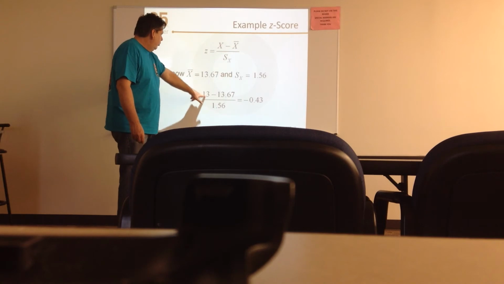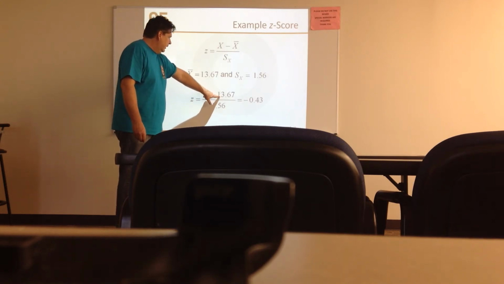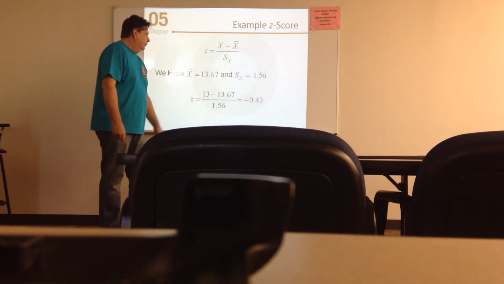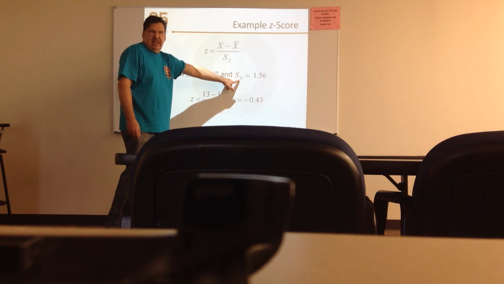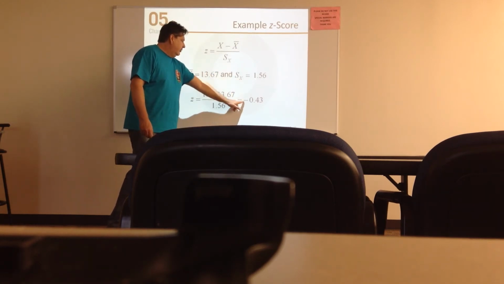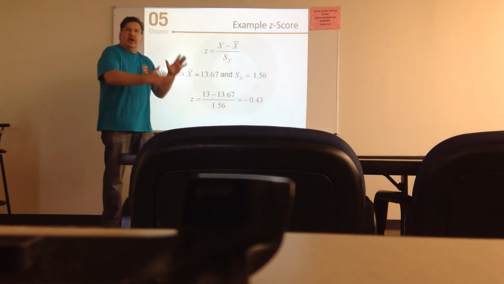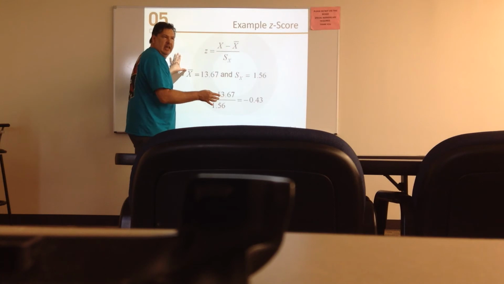So I'm going to take my raw score, I'm sorry, my score, and subtract the sample mean and divide it by my standard deviation. That just means the standard deviation of my sample. And basically what I get is a negative 4.3. So if I remember, that's going to be in standard deviations.